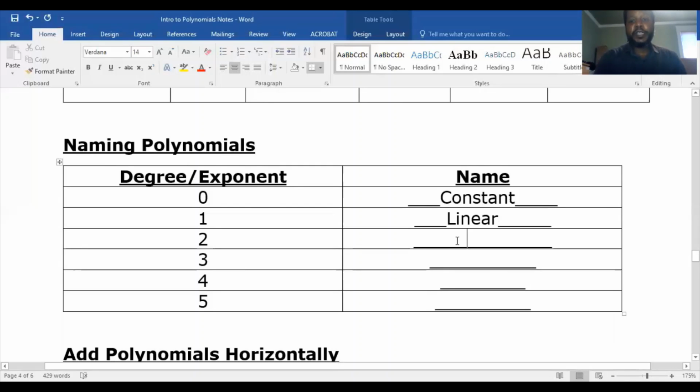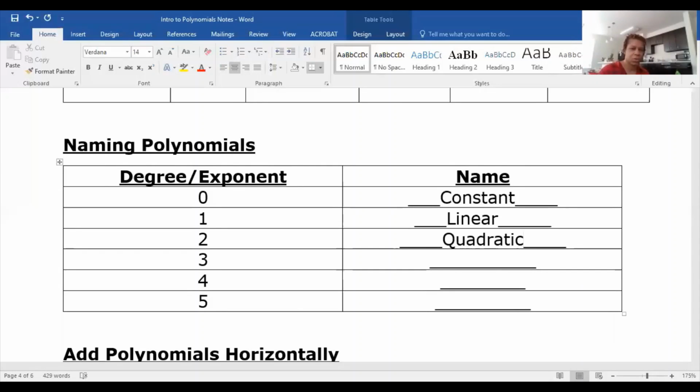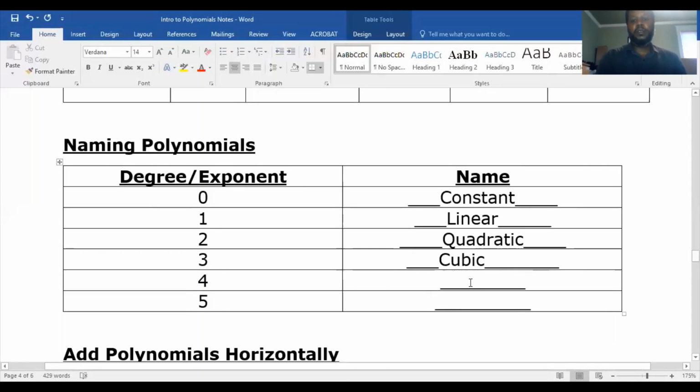When our exponent is 2, that's what we call a quadratic. When our exponent is 3, we call it a cubic. When it's 4, quartic.